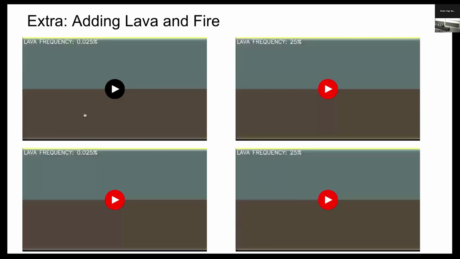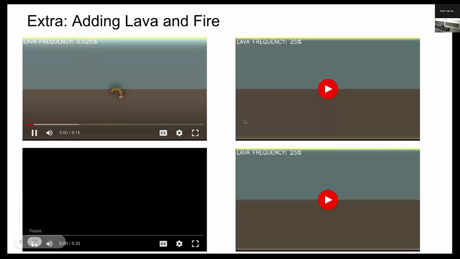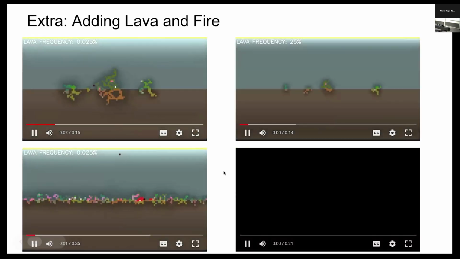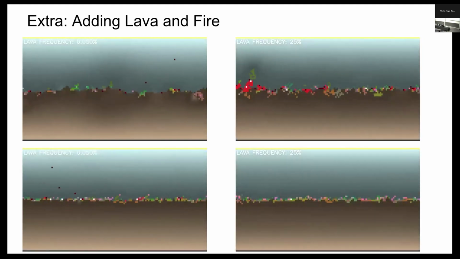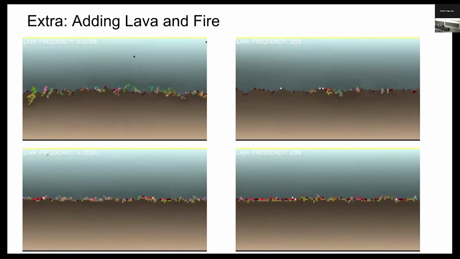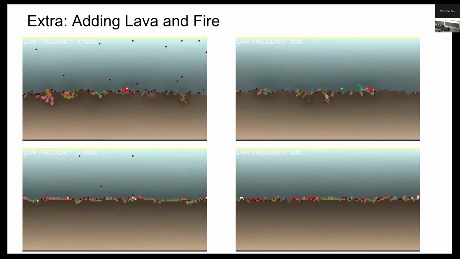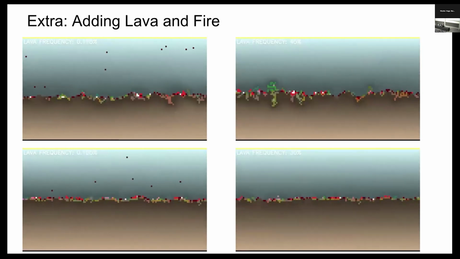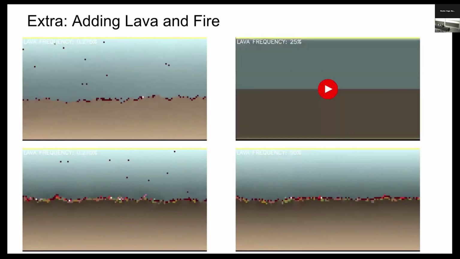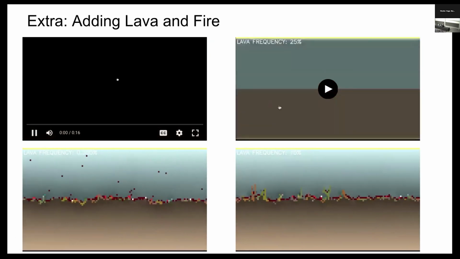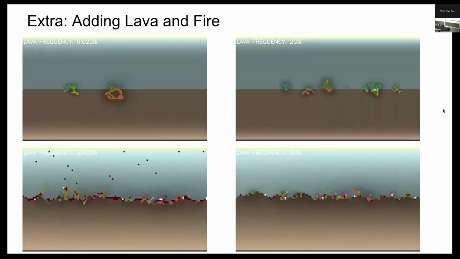Extra stuff. We can add lava and fire to the environment, with lava falling from the sky and eventually decaying, and poor plants being destroyed by the fire whenever they touch anything that is not a root. On the top, you are seeing the original parameters, the ones that are usually used at initialization.